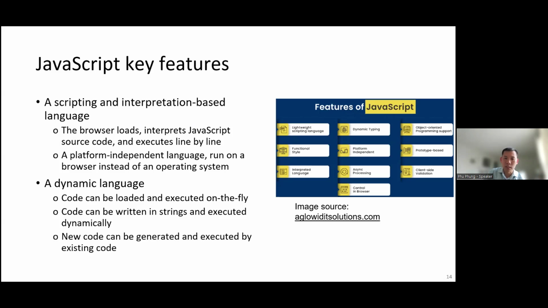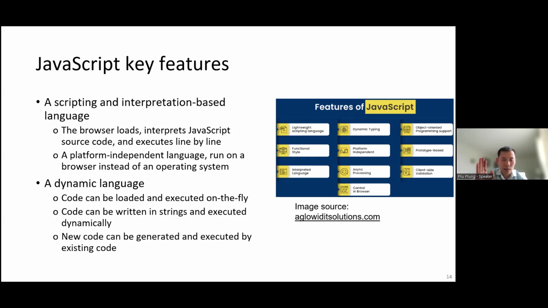The source code is available because the browser needs to load the code and run the code. And it's platform independent because it runs in the browser instead of on the operating system, right? So that is another challenge of the protection because, for example, antivirus software cannot look into the browser to detect the problem, right?